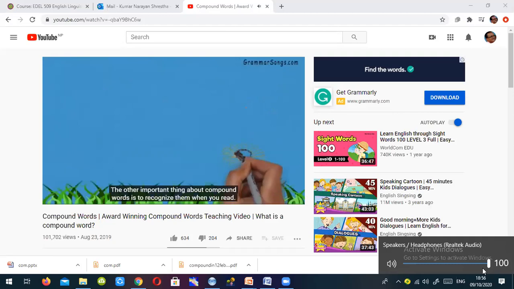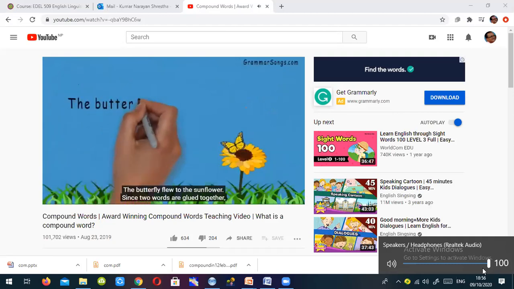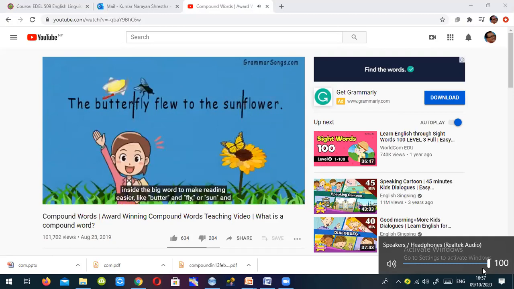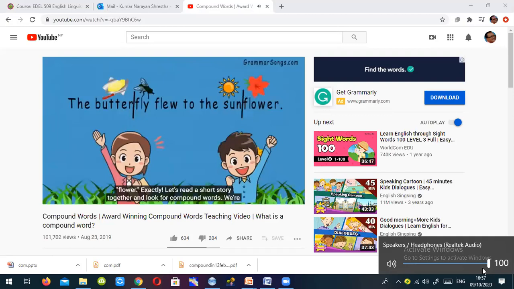The other important thing about compound words is to recognize them when you read. The butterfly flew to the sunflower. Since two words are glued together, compound words appear longer than many other words. Don't let compound words intimidate or scare you when you are reading. Look for the smaller words inside the big word to make reading easier. Like butter and fly, or sun and flower.